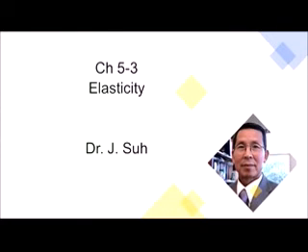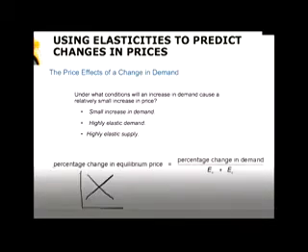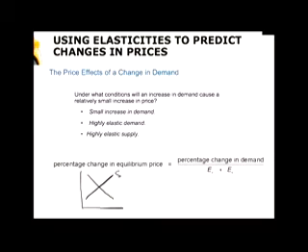Now let's put our concepts of price elasticity of demand and supply together and try to predict what's going to happen in a market. Now suppose we look at an equilibrium, and we have a supply curve and a demand curve, and something happens and the demand curve shifts.